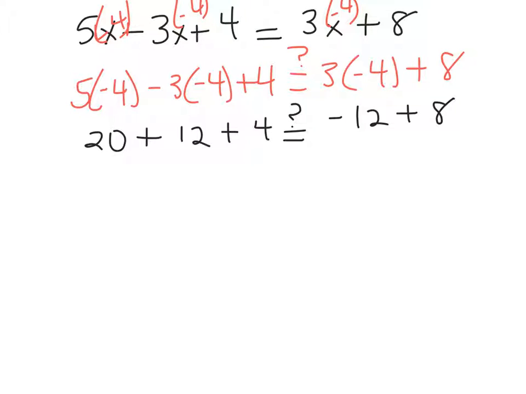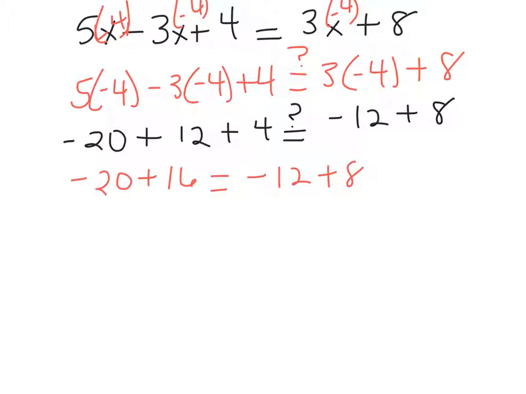So right now I can work this out. This is actually going to be negative 20 plus positive 12. Negative times a negative plus 4. We have a negative 12 here plus 8.